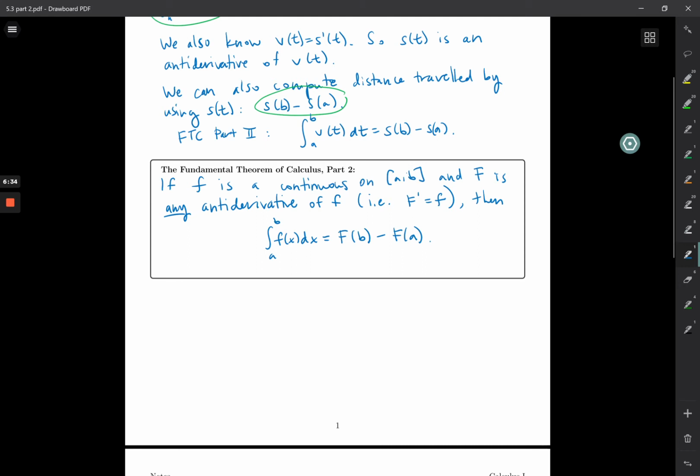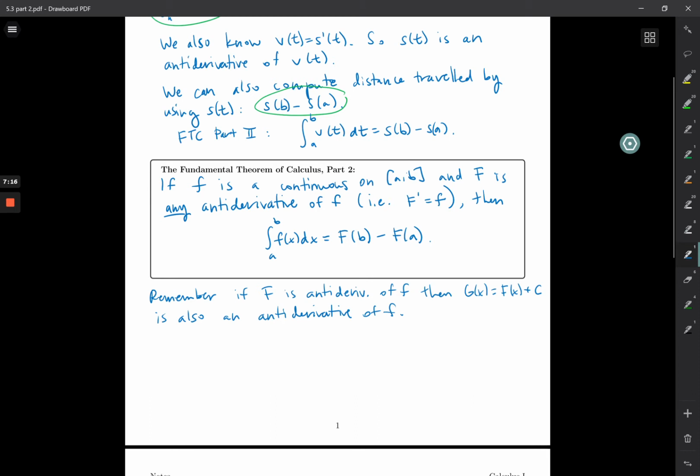So remember that if capital F is an antiderivative of little f, then we can define a new function g that's F of x plus some constant c, which is also an antiderivative. And that's the reason why we always have to add that plus c when we're asked to find the most general antiderivative of a certain function.